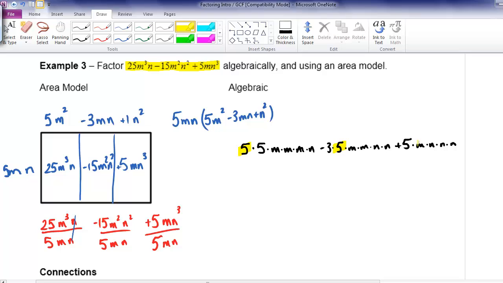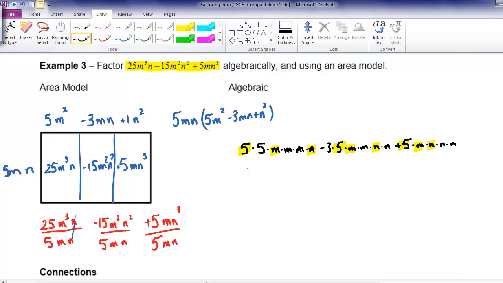They have a 5, they have a 5, they have a 5. They have an m, they have an m, they have an m, they have an n, they have an n, they have an n. The first term has another 5 and 2 m's, but the last term doesn't have any m's. So as soon as you identify one term that doesn't have what you need, then you can stop with respect to the GCF.